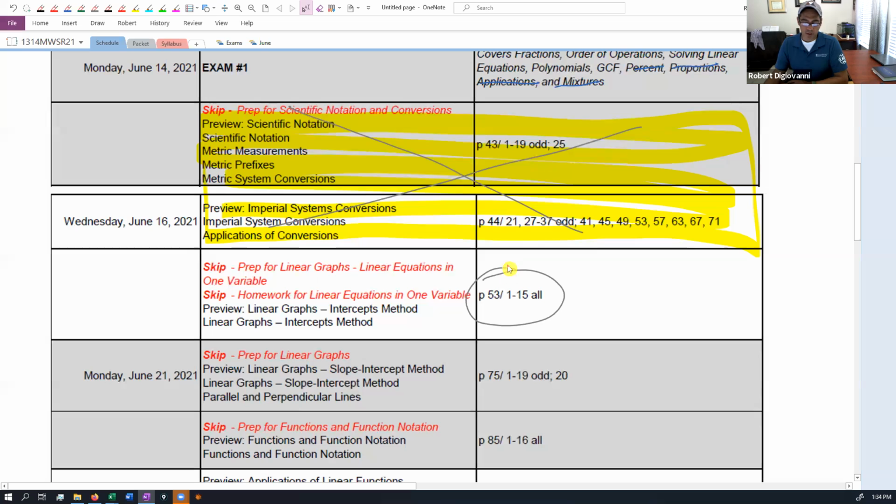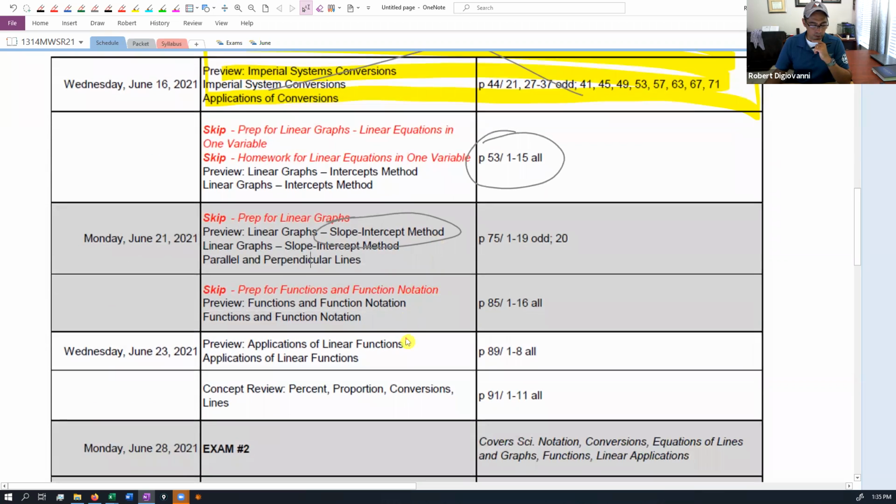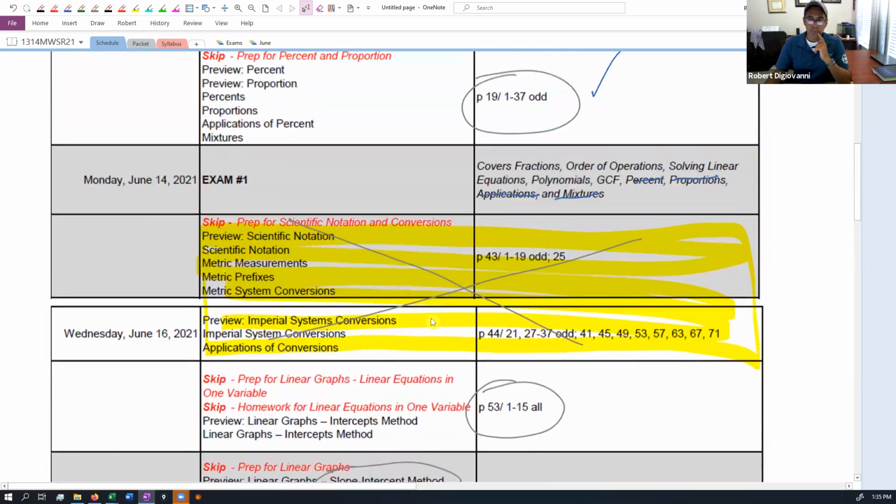Those two are the main homework assignments. Don't get started on the next section. That's the slope intercept method, which is what we're talking about right now. Let's not do that yet because we haven't gone through all the material yet. So let's just hold off on that. We'll knock that out at the beginning of class next time, and then we'll be able to move on to the next topic.